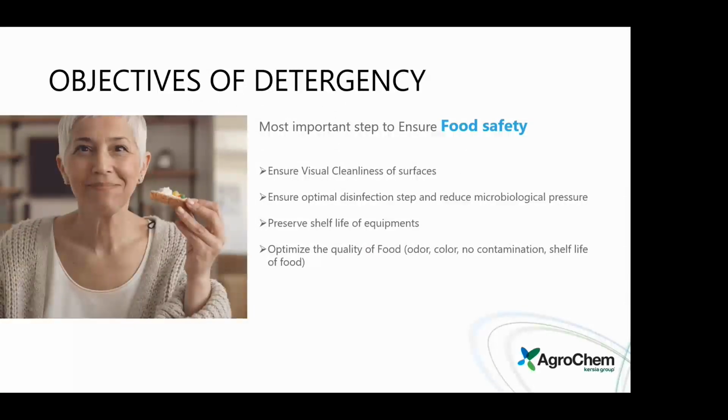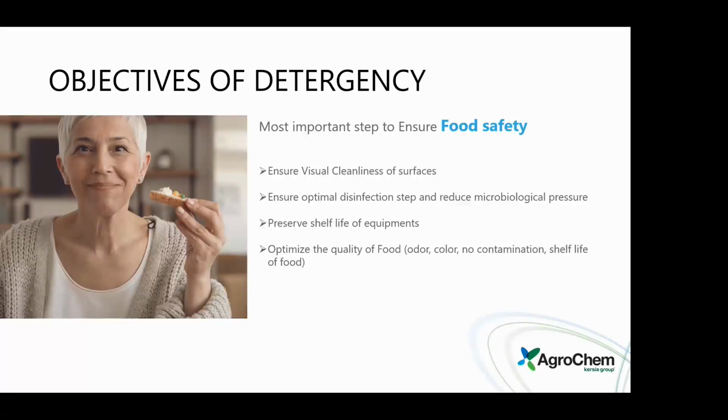So the objectives of detergency. What are we looking to do when we're doing this cleaning, and what is the important aspect of it for the food safety? We're definitely looking for that. Ensure visual cleanliness of surfaces, looking for the disinfection step as well, preserving the shelf life of the equipment.